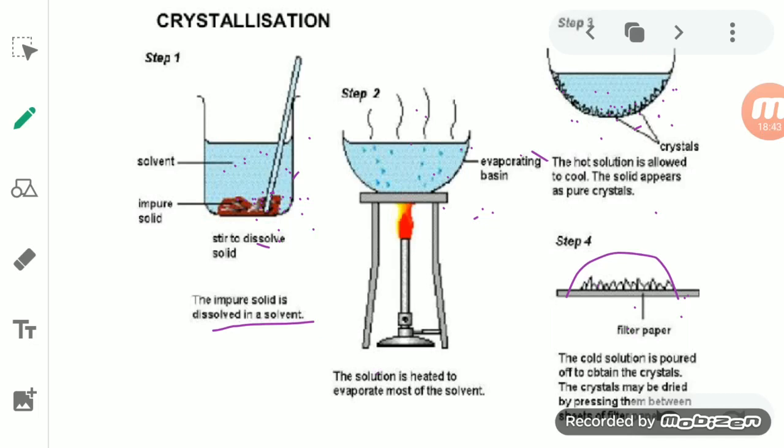The result of this experiment is the crystals only, and that's why the process is known as crystallization. It is a process by which, by cooling a hot concentrated solution of a substance, we get crystals again, and that's why the name is crystallization. So this is the process of crystallization.